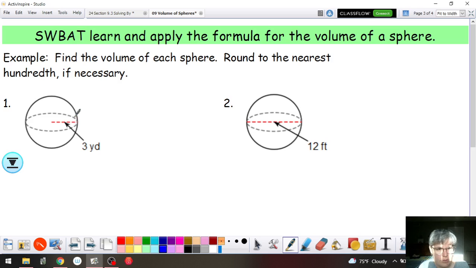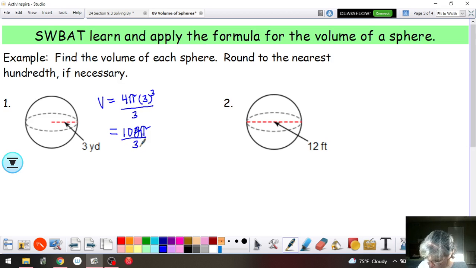So this first sphere has a radius of 3, so the volume equals 4 pi times 3 cubed divided by 3, and 4 times 3 cubed is 108 pi over 3.